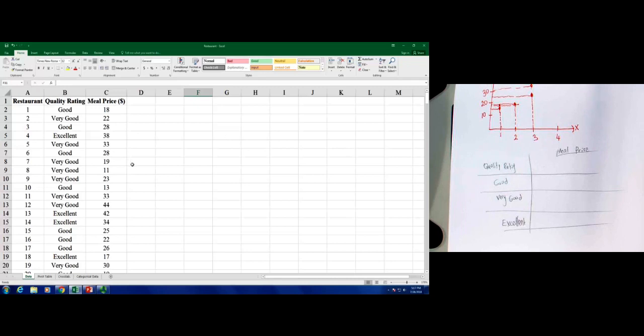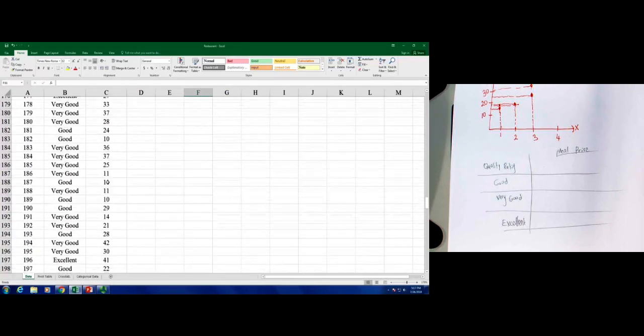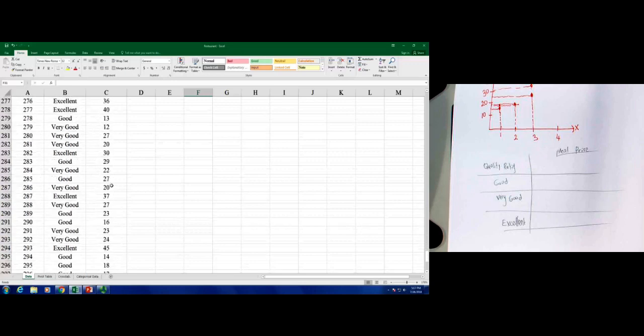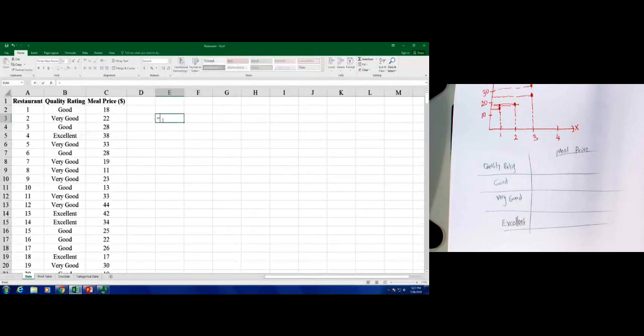Now we need to determine the number of classes, the width of each class, lower and upper limits of each class. In this case, let's see the range of the data. What's the minimum?